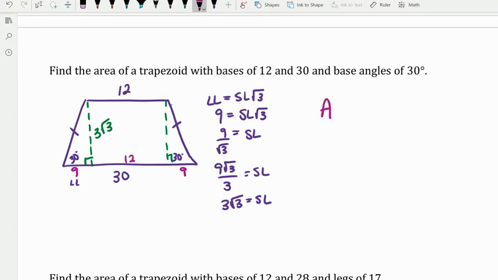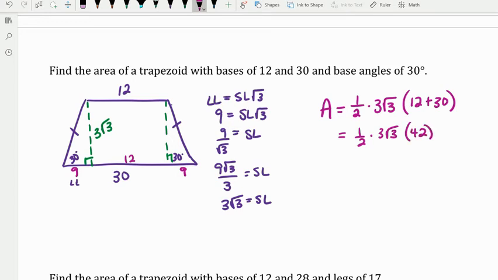So to find the area of our trapezoid, we're going to do 1/2 times the height, which we said is 3 radical 3, times the sum of our two bases, which would be 12 plus 30. So 12 plus 30, that's 42, right? You can do this in different orders, but it's all multiplication.